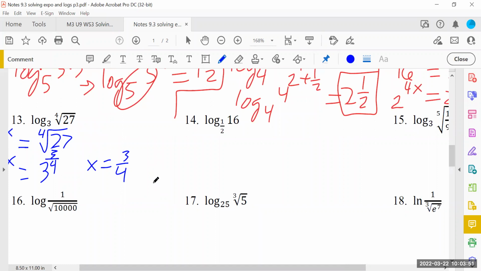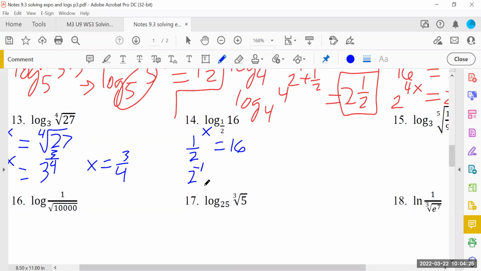Number 14, this is one where that would be kind of hard to write. You could probably do it, but it's going to be easier, I think, for most of us to rewrite this as an equation. 1/2 to some power is supposed to equal 16. What power of 1/2 makes 16? Well, let's write both of those as 2 to a power. Is everybody good with 1/2 being 2 to the -1 power? That's what 1/2 is.